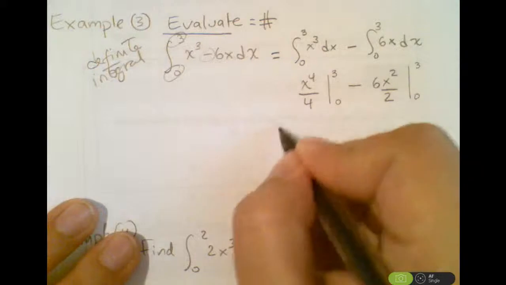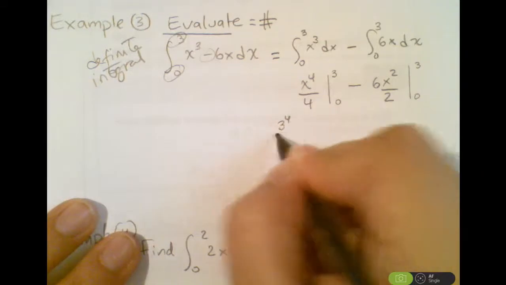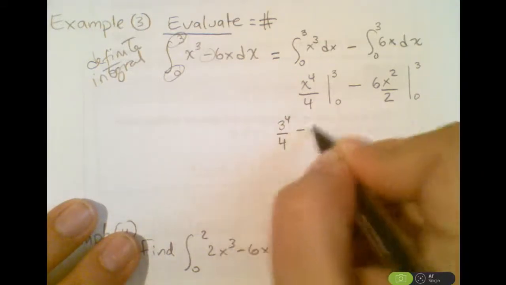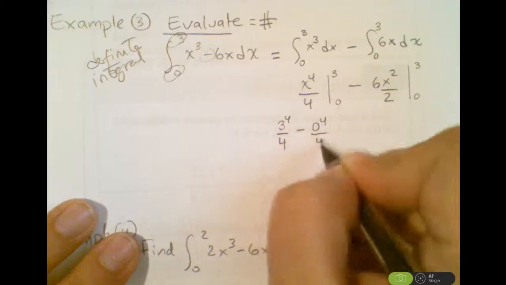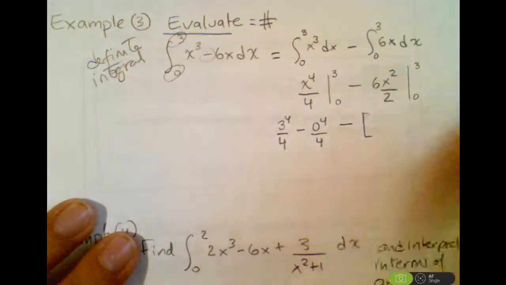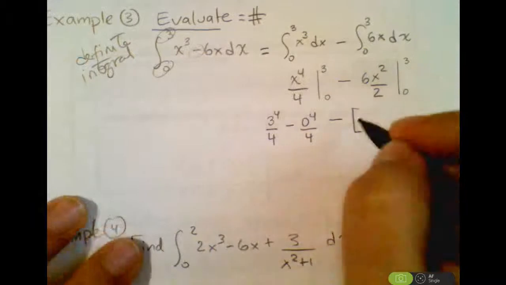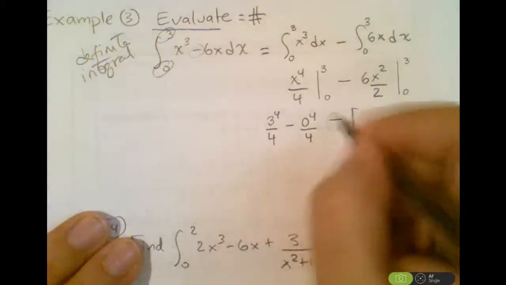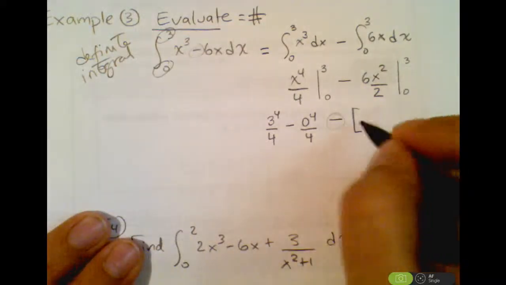So I'm going to evaluate here, so I have 3 to the 4th divided by 4 minus 0 to the 4 divided by 4, minus, please put some brackets or parentheses just to make sure that you are minusing the quantity here.